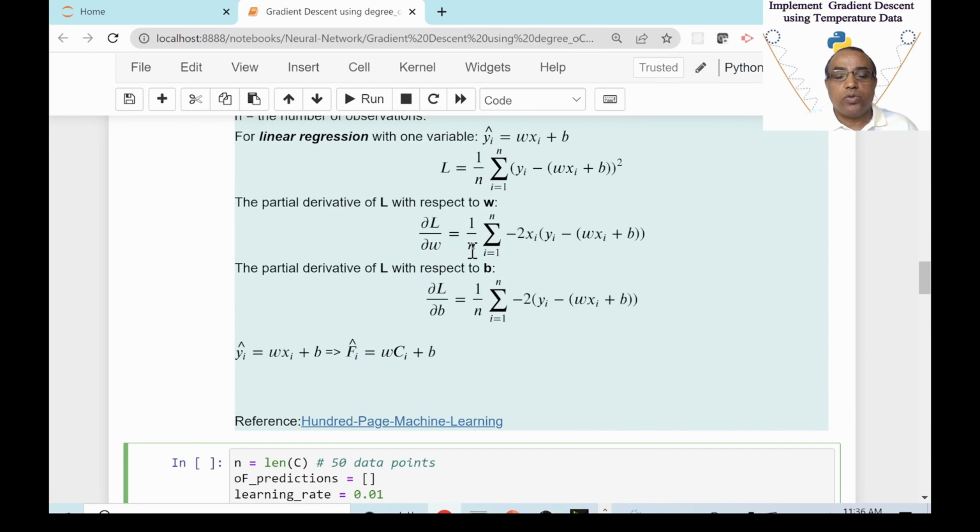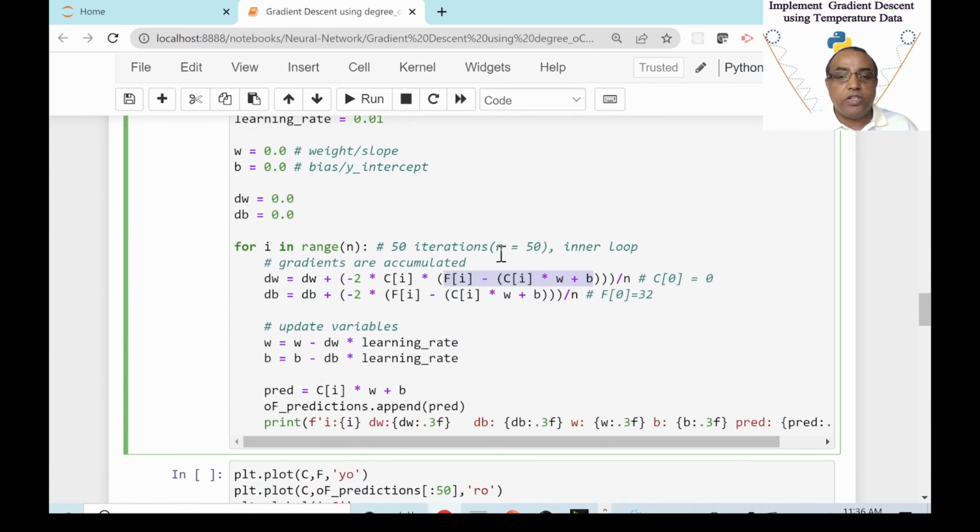The summation is just this part. You add these gradients, take the average and store it as a new value over here. You'll do the same thing for dB.